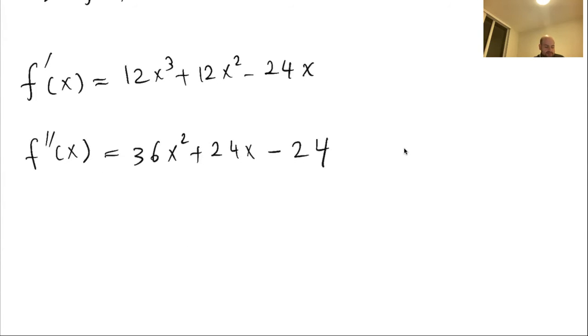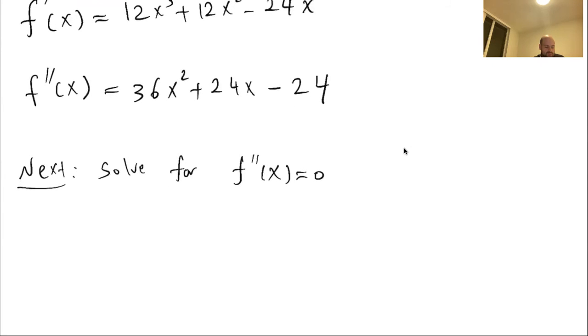So then next, solve for f double prime of x equals 0. That means 36x squared plus 24x minus 24 equals 0.